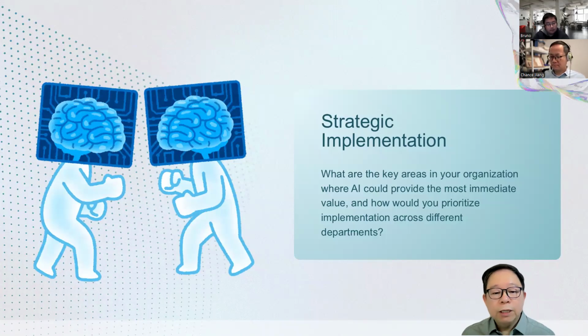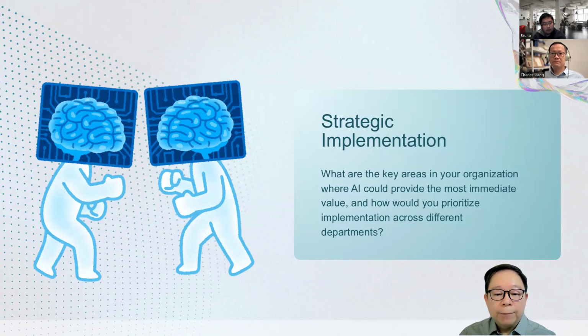The first question here is: what are the key areas in your organization, whether it's a company or you are an entrepreneur, you can relate to what you're building. Just like Chance, you mentioned NT, and Tim, you're talking about your startup career incubation. I believe Bruno, you have a lot of startups that you are running now. Take one as an example, and I will also invite the others if any of you would like to share.